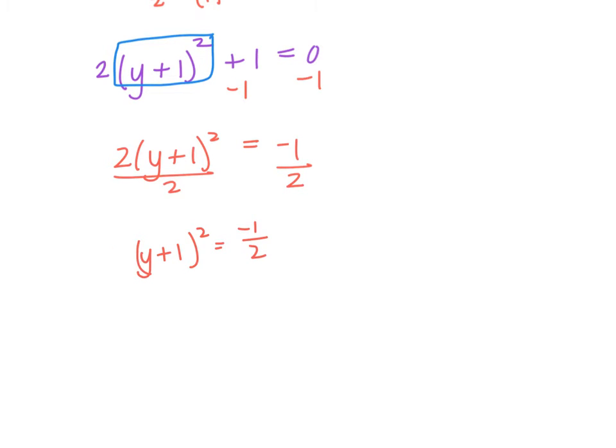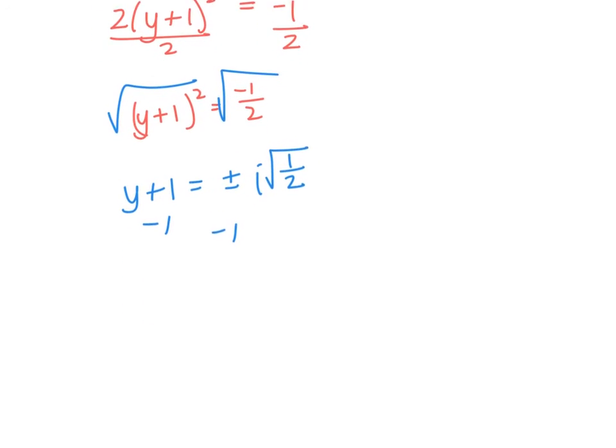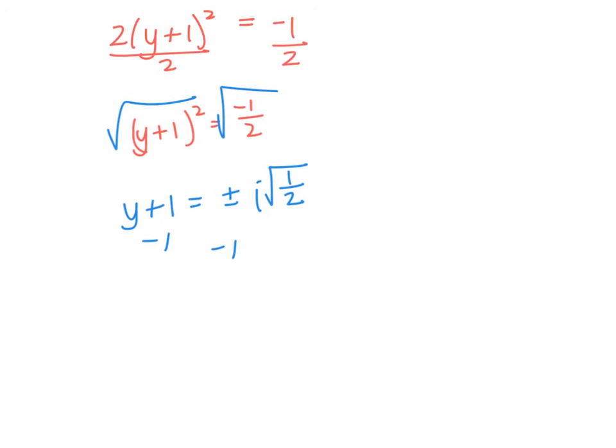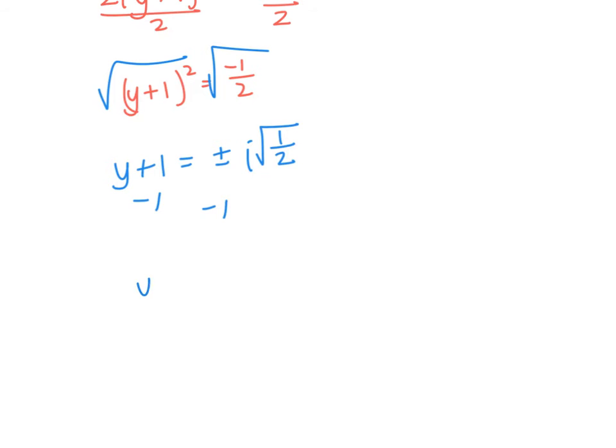And then to undo a square, we square root both sides. So y plus 1 equals plus or minus the square root of -1/2, so I'm going to bring in i right now. This will be i times the square root of a positive 1/2. And then we can subtract 1 from both sides. So y equals -1 plus or minus i times the square root of 1/2.